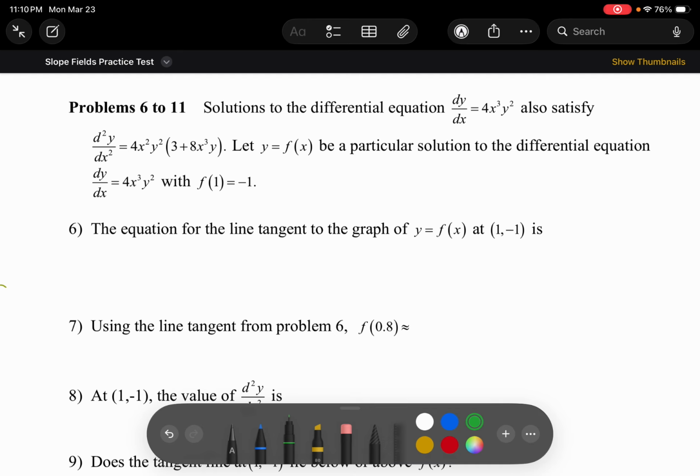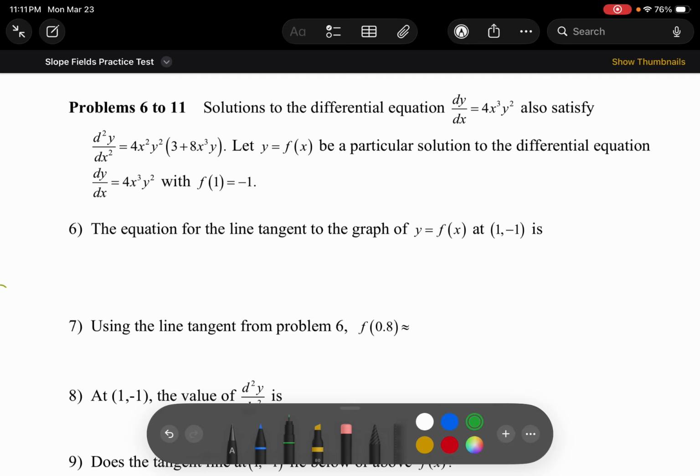Let y equals f of x be a particular solution to the differential equation dy/dx equals 4x cubed y squared with your initial condition of f of 1 equals negative 1. The equation of the tangent line to the graph of y equals f of x at 1 comma negative 1 is.